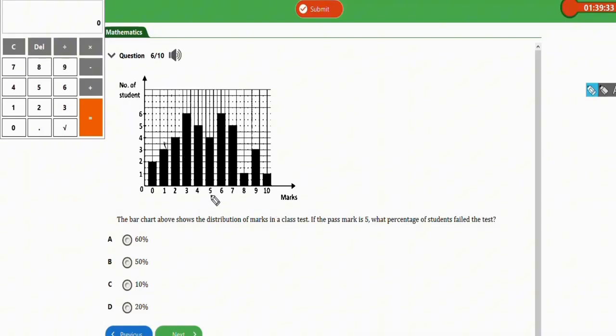So for the people that got 4 as mark, let's write it, this is mark, this is student. Alright, so for mark 4 we have the number of students to be 5.